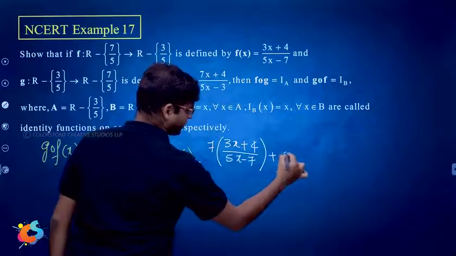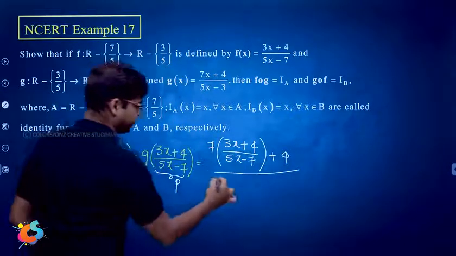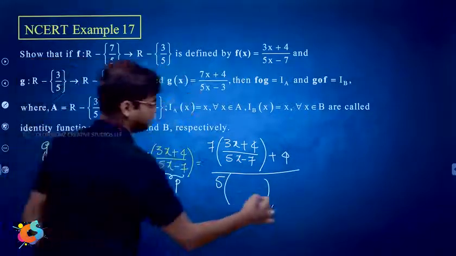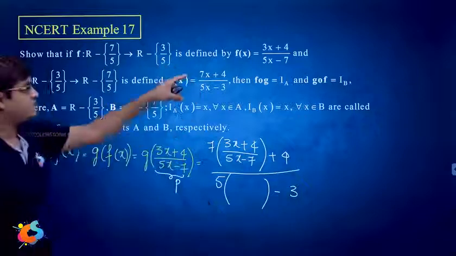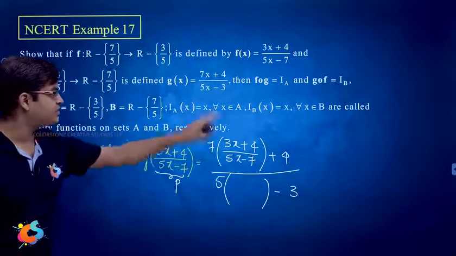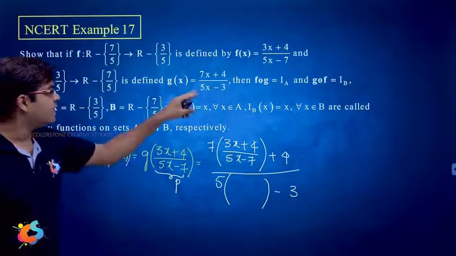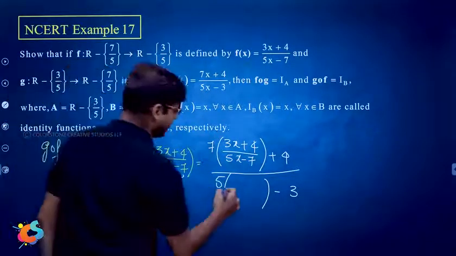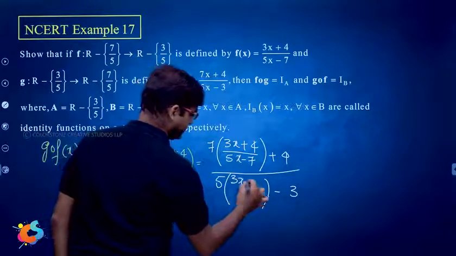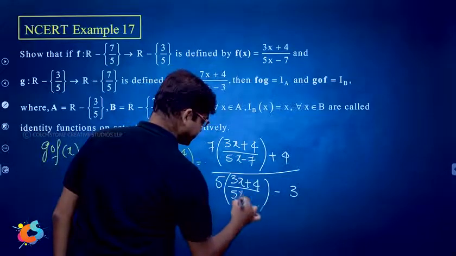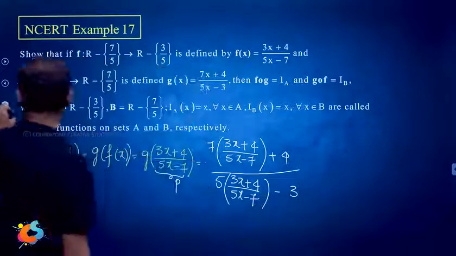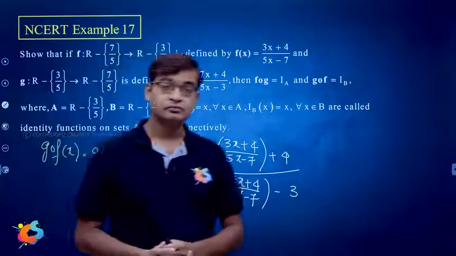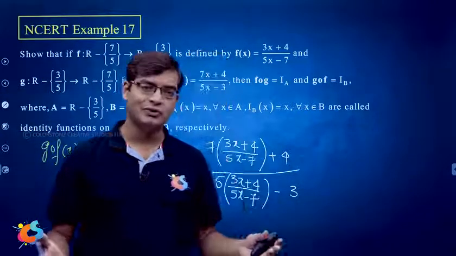So it is 7 into whatever is there in place of x, plus 4, divided by 5 into whatever is there in place of x, minus 3. After this, it is just calculation, because exactly the same thing we got before also.